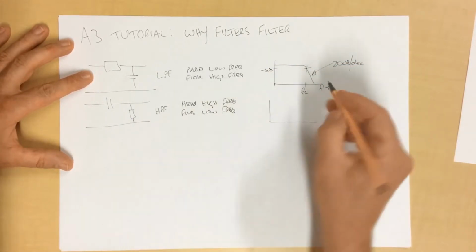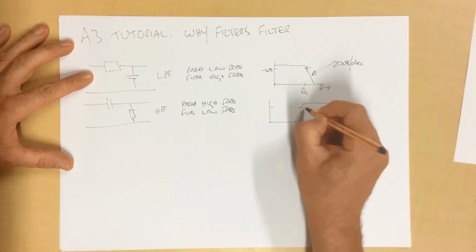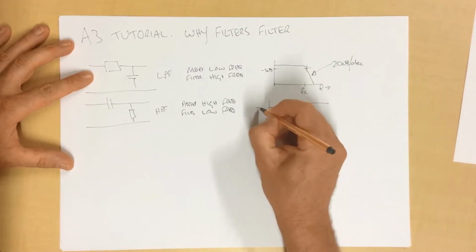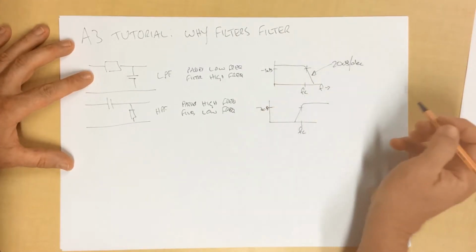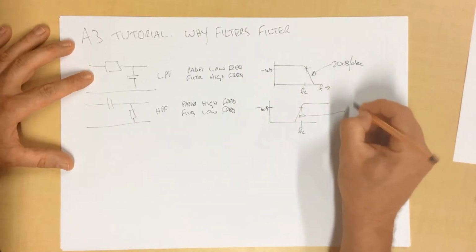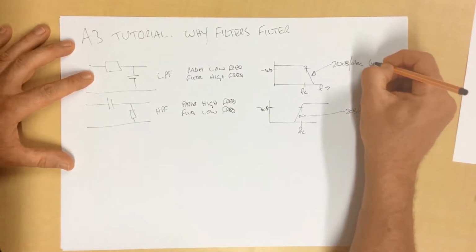And this filter here, the high-pass filter, has the exact opposite response. Again, this is the nominal cutoff frequency and the minus 3 dB point. And again, that slope there is 20 dB a decade for one pole.